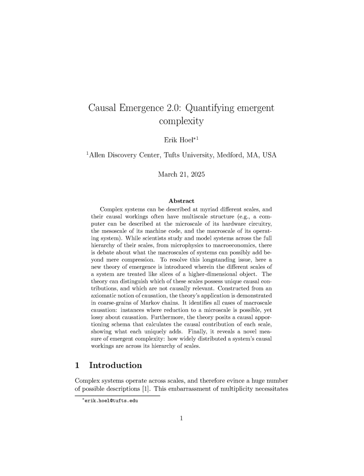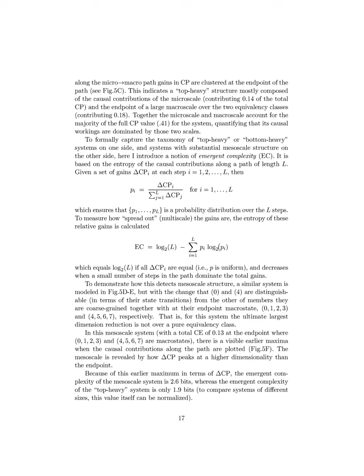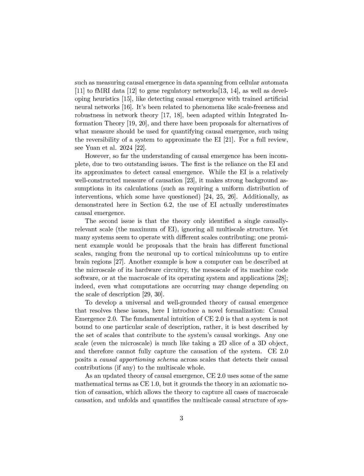Secondly, CE 2.0 captures all possible cases of macroscale causation, addressing the shortcomings of CE 1.0, which only identified a single causally relevant scale. Additionally, it elucidates the multiscale causal structure of systems through a causal apportioning schema, allowing for a comprehensive understanding of how different scales contribute to a system's causal workings.